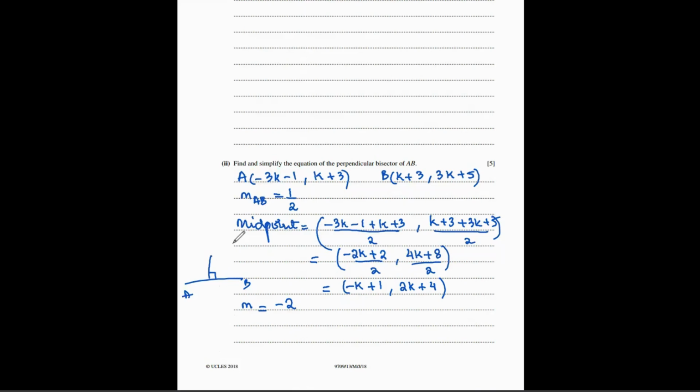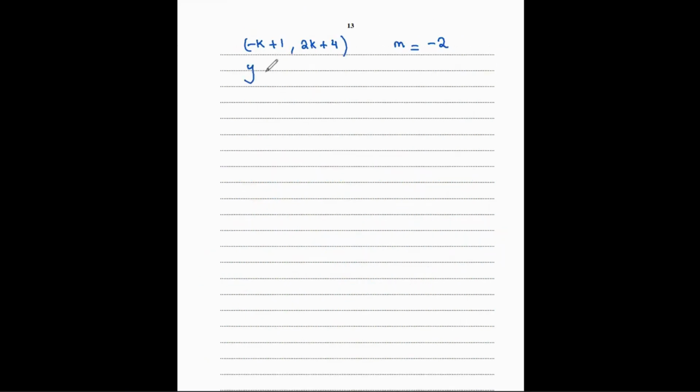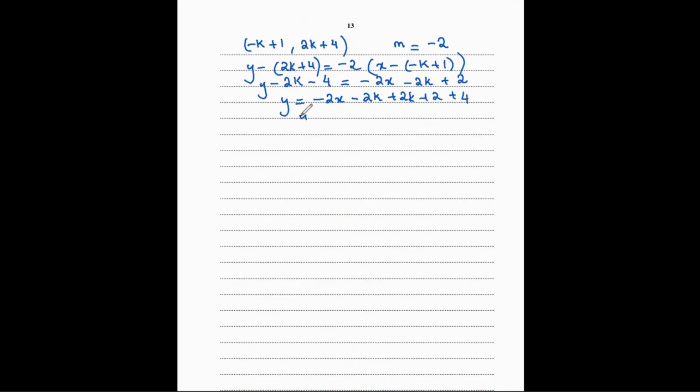So now we create the equation of this line using this information. y minus y1 equals m times (x minus x1). y minus 2k minus 4 equals negative 2x minus 2k plus 2. y equals negative 2x minus 2k plus 2k plus 2 plus 4, which is y equals negative 2x plus 6.